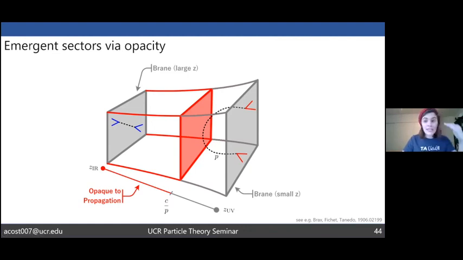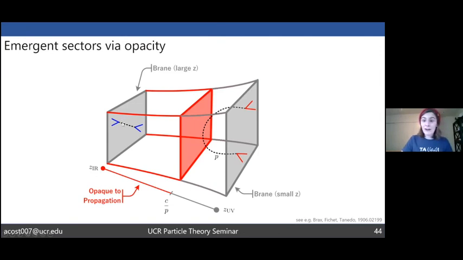But as p becomes lowered, this brane moves to larger z, which is over here. And at some point, this particle is free to go over and interact with things on this brane.